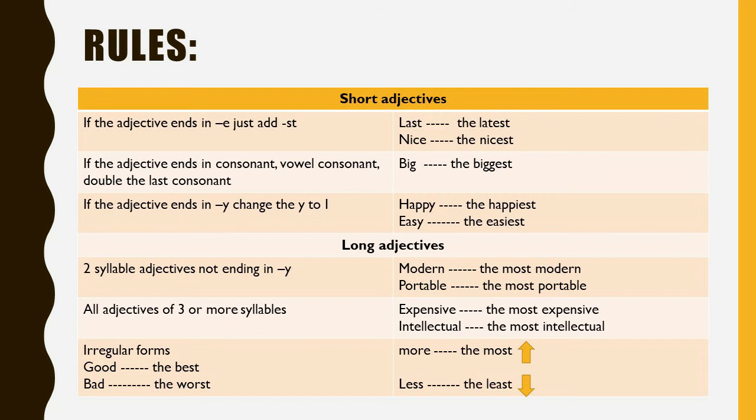Now, if the adjective ends in consonant, vowel, consonant, we double the last consonant. For example, big, the biggest, right? As you can see here, we double the last consonant. And what is the last consonant? It is G, right?